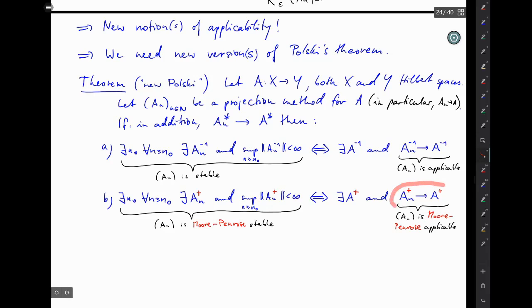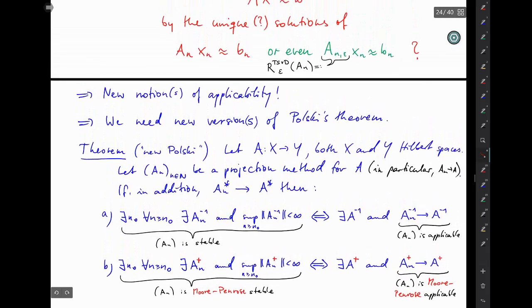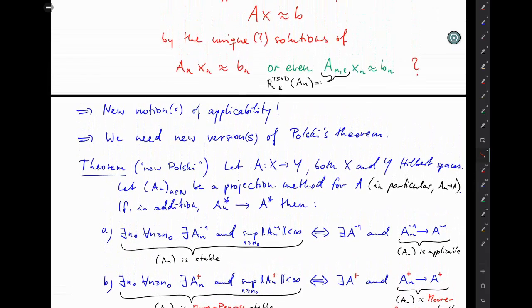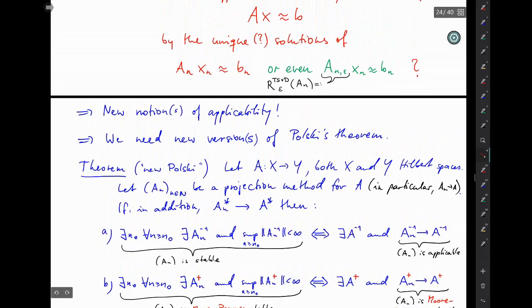And this convergence is very good news because it's telling you that the least squares solutions of this problem, which you get by applying this operator to the right-hand side b_n, converge to the least squares solution of that problem, which you get by applying this pseudo-inverse to that right-hand side.